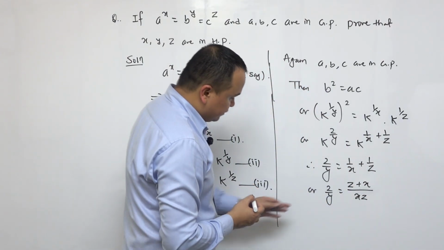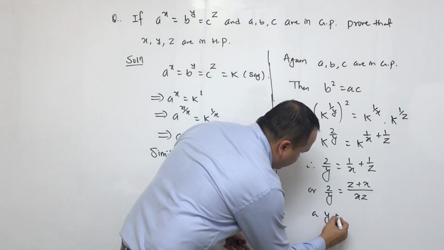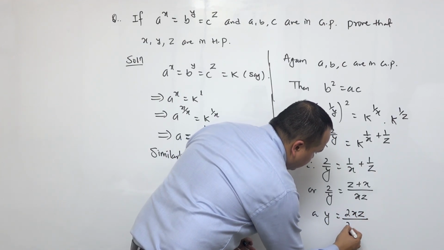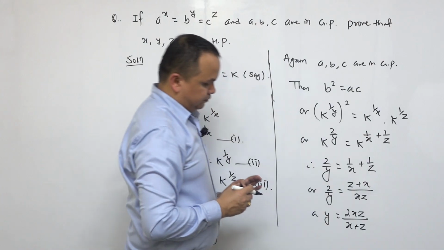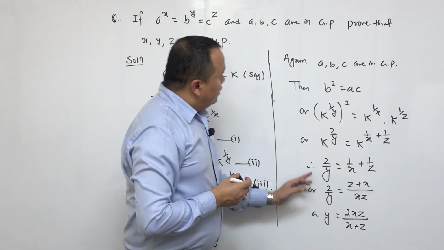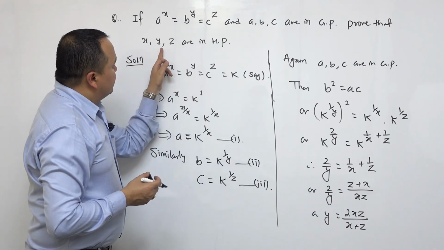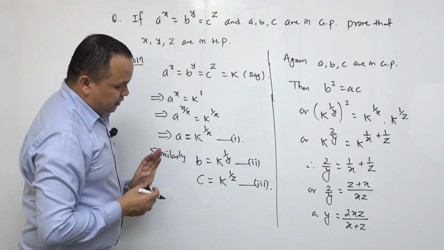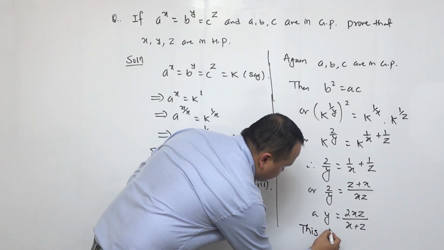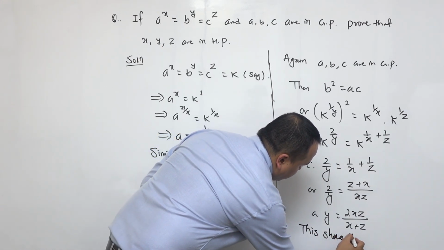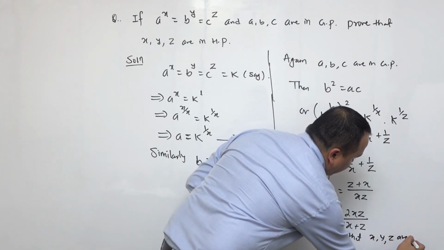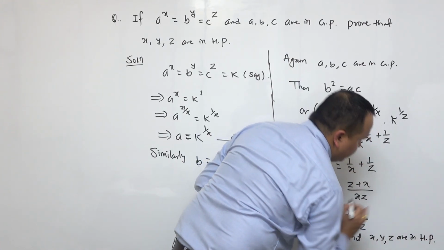By cross multiplication, we have Y is equal to 2XZ upon X plus Z. This shows that X, Y, Z are in HP.